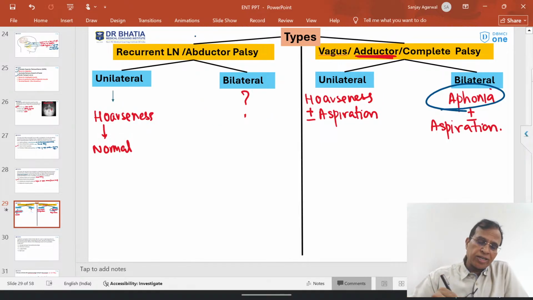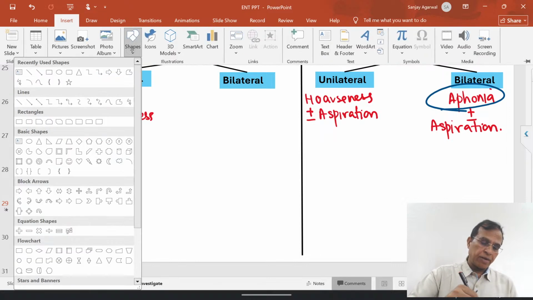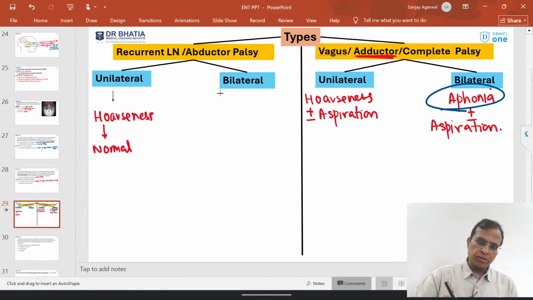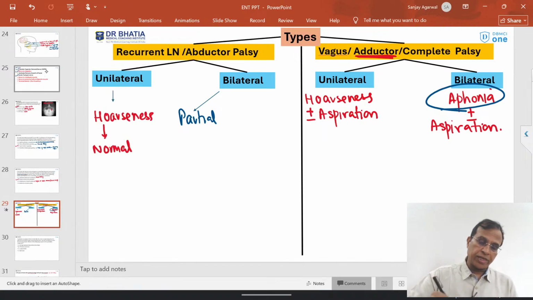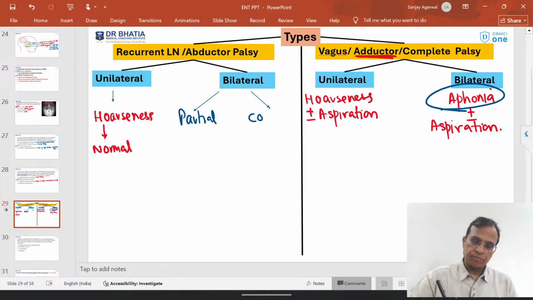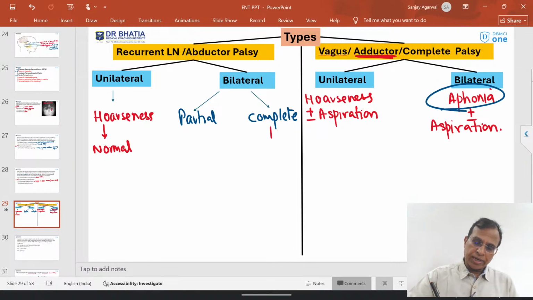Now when it comes to bilateral recurrent nerve palsy, it is very interesting. Bilateral recurrent nerve palsy can be partial or complete. So this is what I was telling you. Now complete palsy, again it is hoarseness.